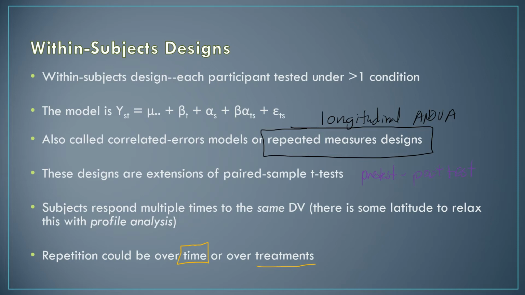So then session 1 dependent variable value could be compared to session 3 dependent variable value and look and see if there's mean differences across all these different treatment levels.